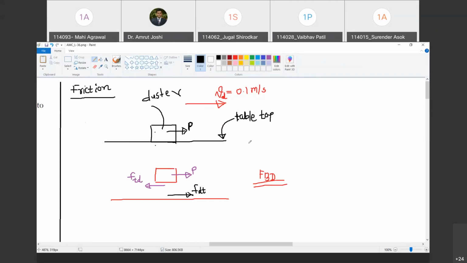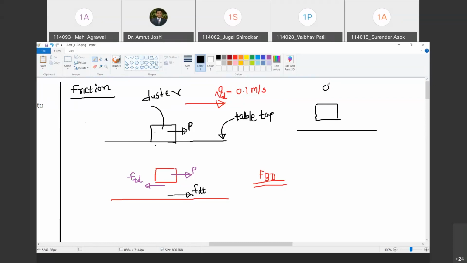So now see how we are going to answer this. Let us say I want to find out the direction of frictional force on the duster. Are you with me? Yes, sir. So in my mind, I will separate these two bodies, the tabletop and the duster, as a thought experiment. Are you with me? Yes, sir.